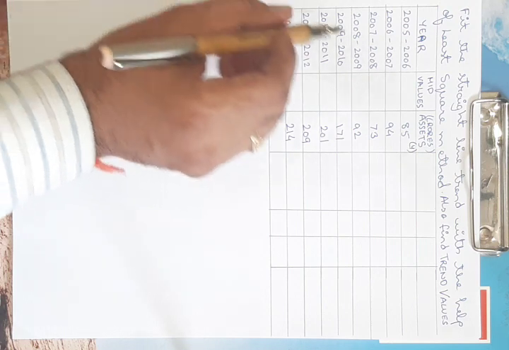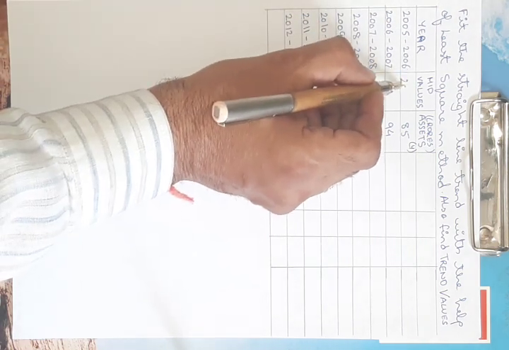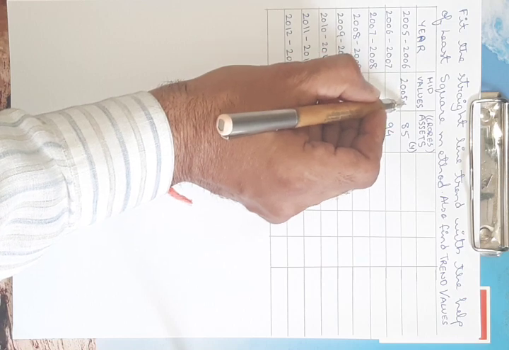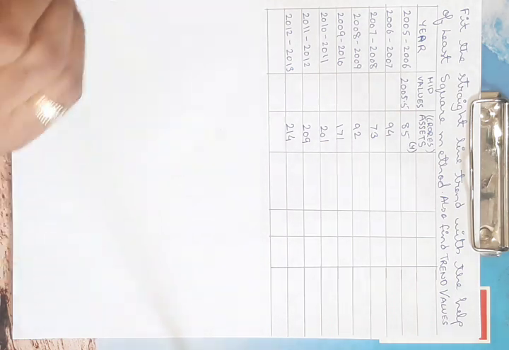Now here the midpoint from 2005 to 2006 will be 2005.5. This is in numerical digits, that is why we have taken 2005.5.